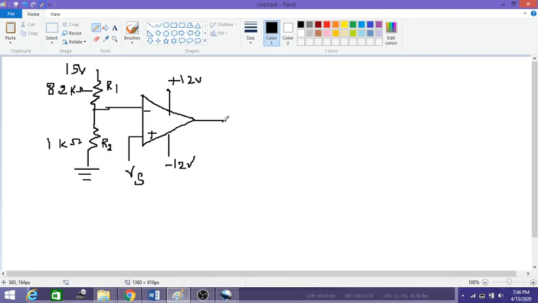So what is the output voltage that we will get here? Before we jump into the analysis of the output voltage, first we have to understand what reference voltage we are getting at the V1 point, so that we can apply the voltage divider equation. V1 is equal to R2 into the reference voltage, which I'll call VR, divided by R1 plus R2.